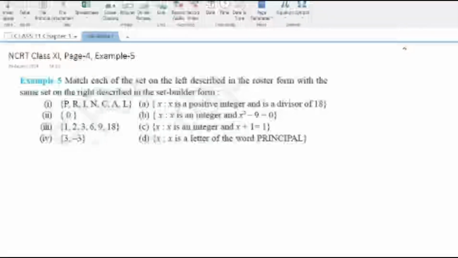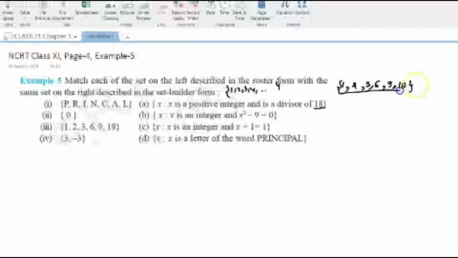So x is a positive integer. Again, it means that x is from 1, 2, 3, 4 and so on, and is a divisor of 18. So what are the divisors of 18 that are also positive integers? 1 divides 18, 2 divides 18, 3 divides 18, 4 does not divide 18, 5 does not divide 18, 6 divides 18, then 7 does not divide 18, 8 does not divide 18, 9 divides 18, and finally 18 divides 18.